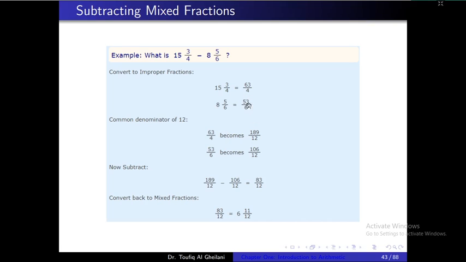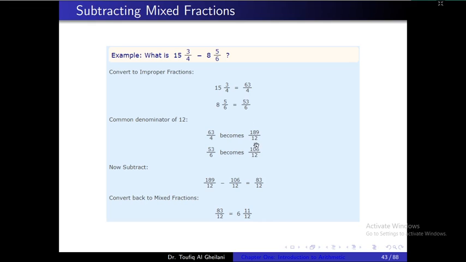So now the denominators are not the same. What do I have to do? I multiply both to make the same denominator. I multiply 4 by 3 to get 12, and 63 times 3 is 189. Same here, to make 12 I have to multiply by 2, then I multiply the numerator 53 times 2 and get 106.